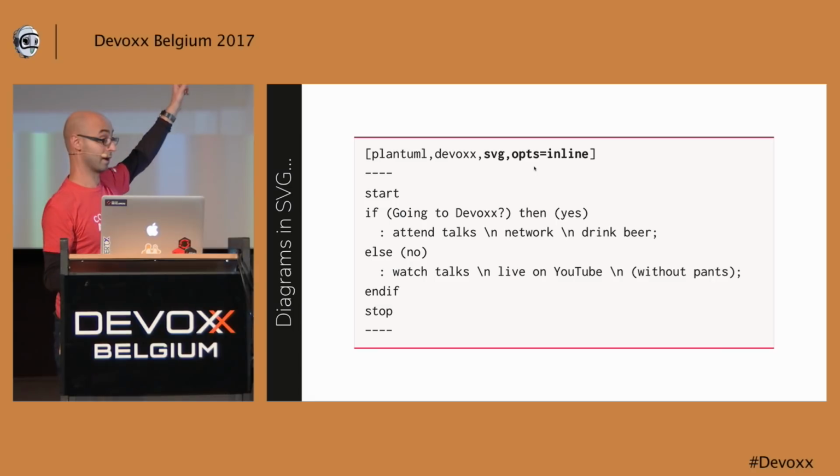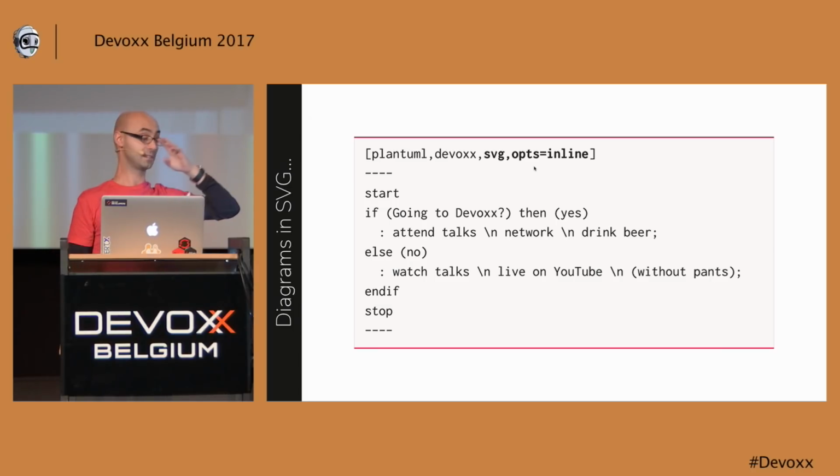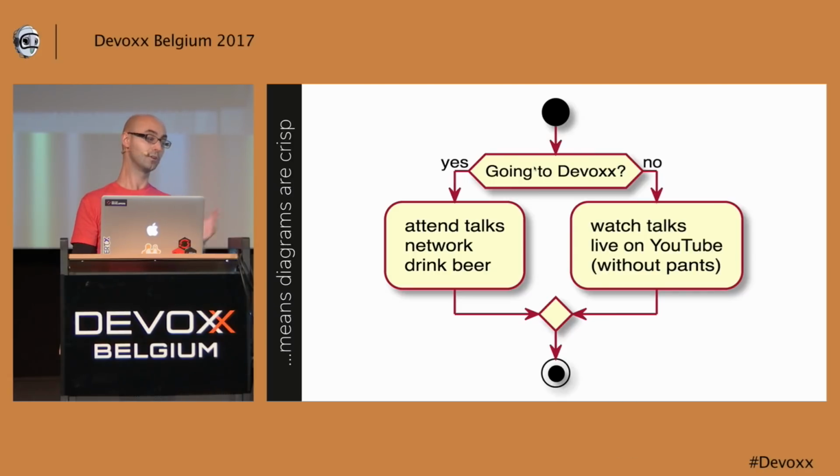So you can do a block, which is PlantUML, which says the content of this block is going to be in PlantUML format, and the output is going to be an SVG file with inline. So what's happening if I generate this? It's an if-else activity diagram. What you're going to generate is this, the output. So an inline diagram with a really fashionable look and really easy to work with.